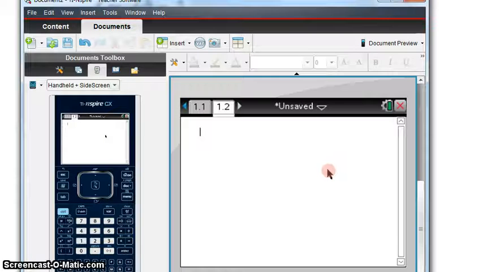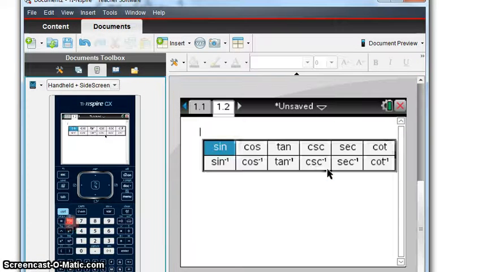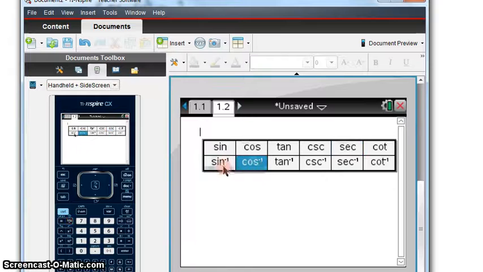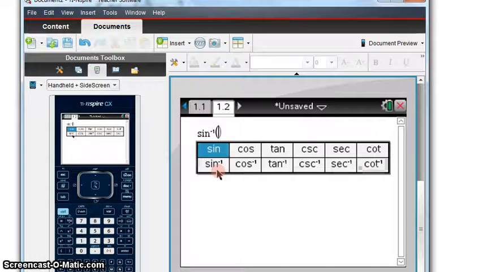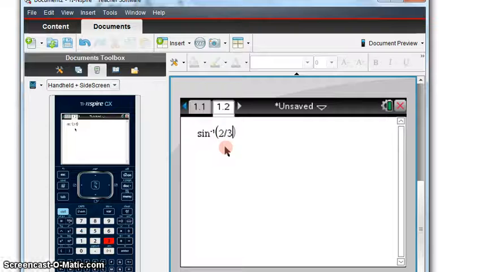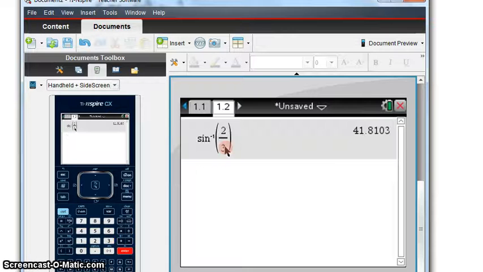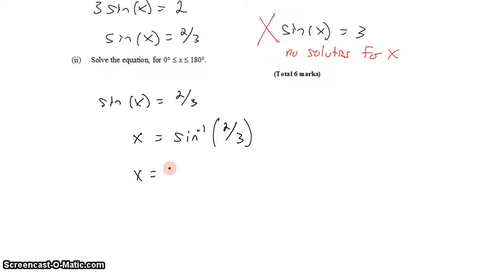And now we can take the inverse sine of 2/3. And what we find is that the result is 41.8 degrees. So x is equal to 41.8 degrees. And if you think you're done, be careful, because you're not.